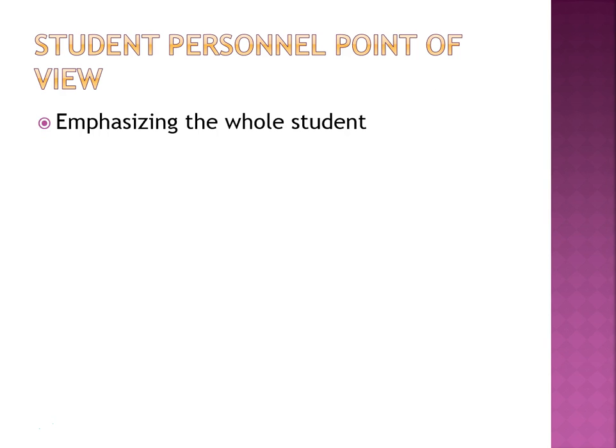So one of the things that distinguishes student affairs as a field of practice is a well-developed sense of principles and documented principles. And the first of those came about in 1937 in a document called The Student Personnel Point of View. And its role is significant.